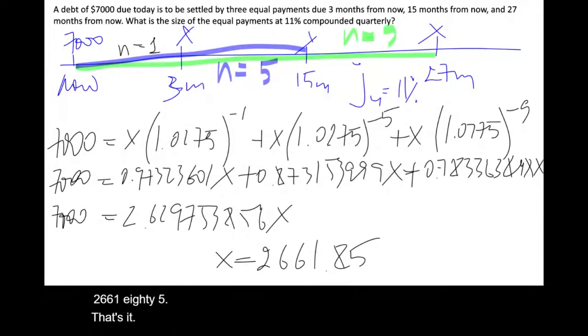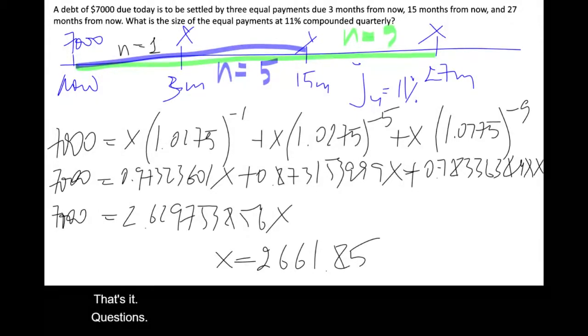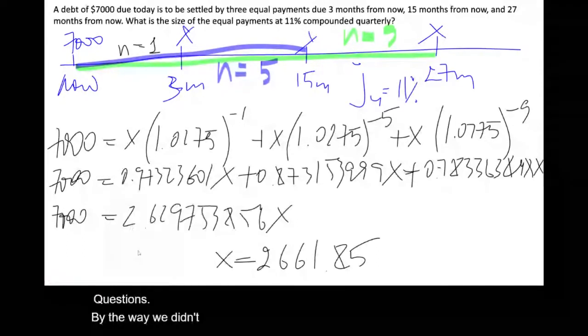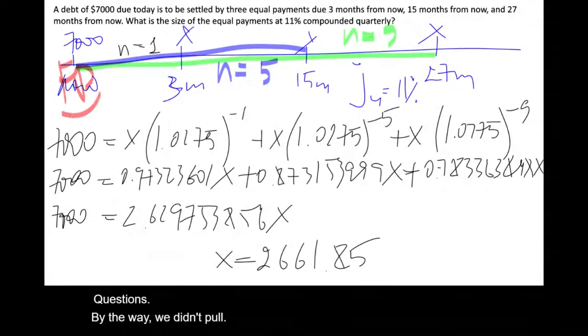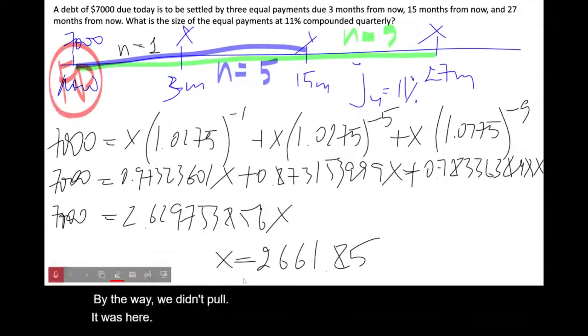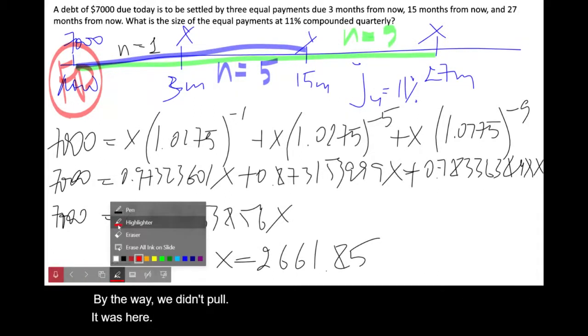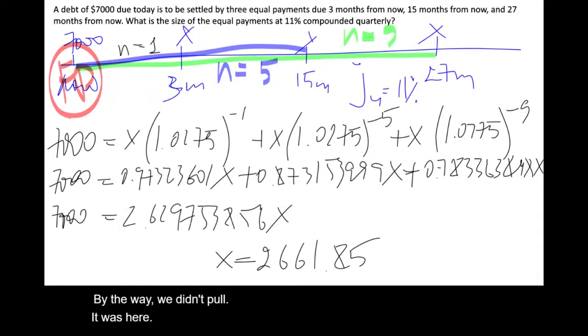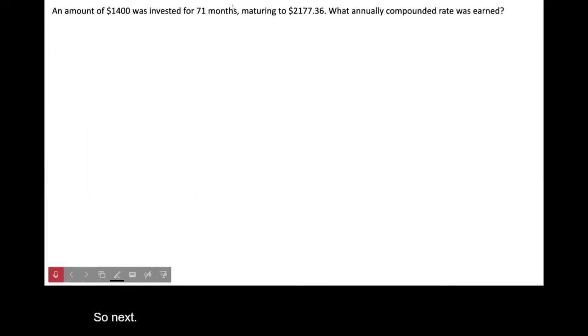Questions? Yeah, by the way, we didn't put the focal date here. So next, an amount was invested for 71 months, maturing to a given amount.